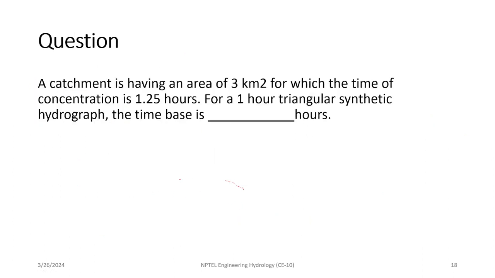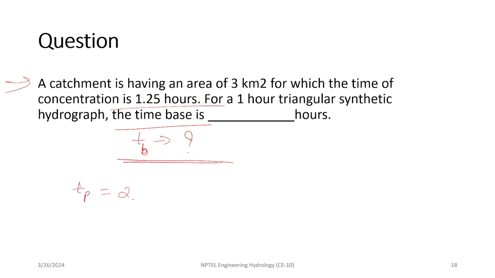This question will again have the same information, but here, whatever Ashish was just asking, the question is related to TB, that is time base. We have to compute this value, right? So can you calculate now? TB will be, you already got the relation.